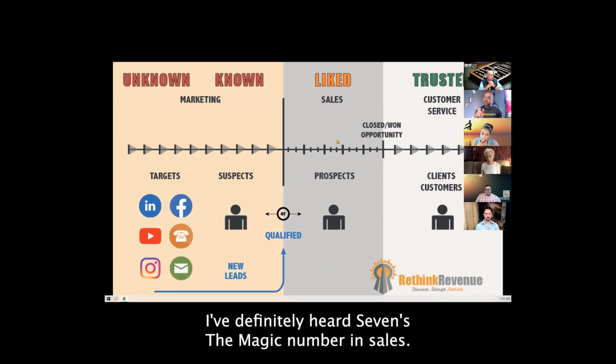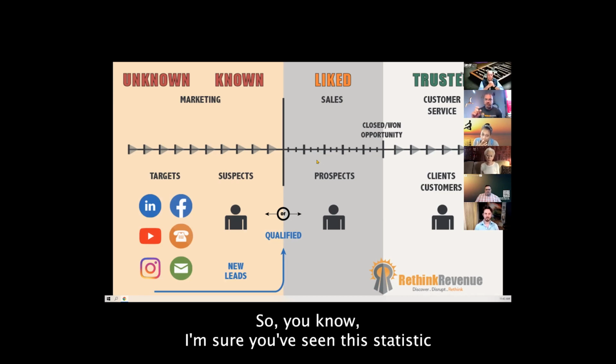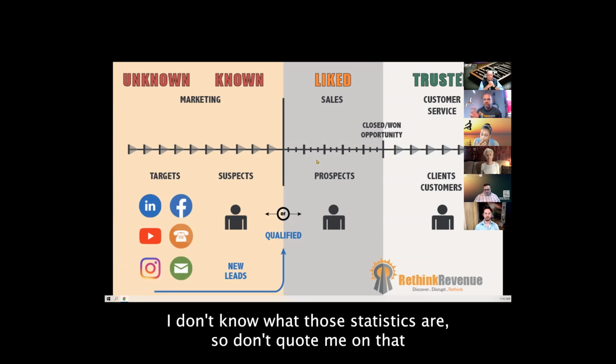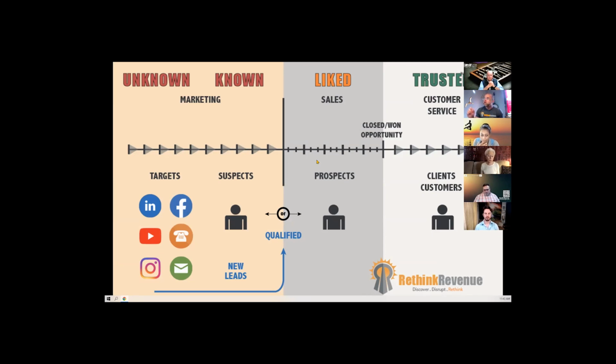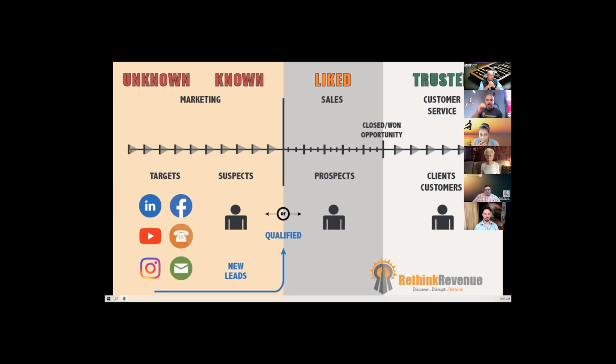I've definitely heard 7 is the magic number in sales. You've probably seen the statistic, follow up 3 times and you're 70% more likely to close a deal, though I don't know the exact statistics, so don't quote me. In sales that may be true, but when you're starting at the very beginning, the count is much greater.